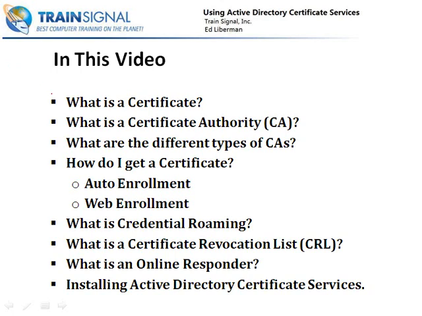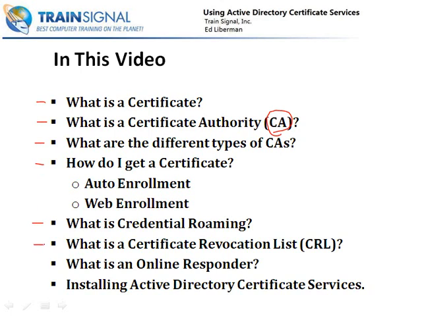So, some of the components that we're going to look at are certificates, and certificate authorities, or for short just referred to as CAs. Okay, it's a lot easier to say than certificate authority. We'll take a look at the different types of CAs, talk about how to get a certificate from the CA. We'll talk about enabling credential roaming.